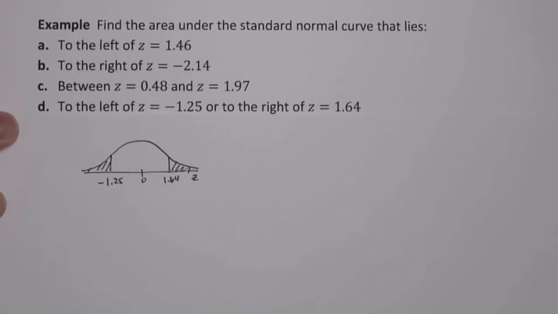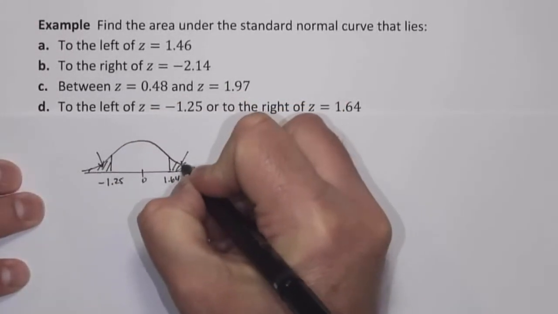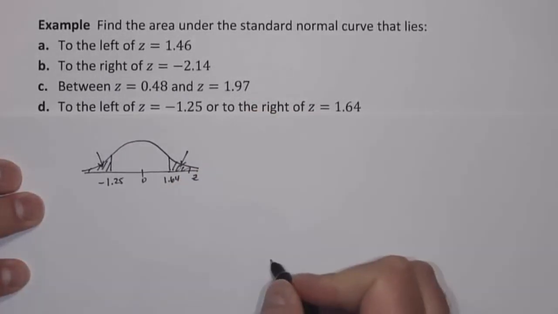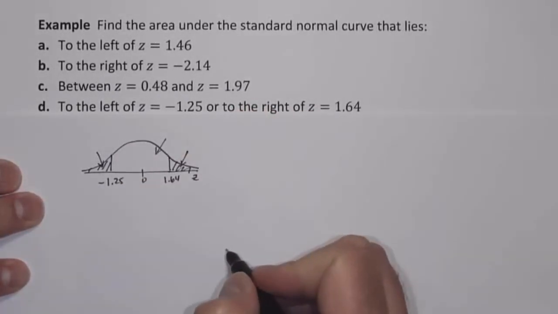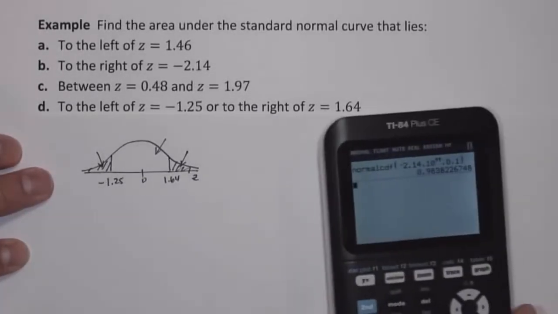Okay? And so there's no direct way to find this on the calculator. So what we'll have to do is we'll have to find this and add them together. Or we could find the area in between and subtract from 1. Okay? So we could do that either way.